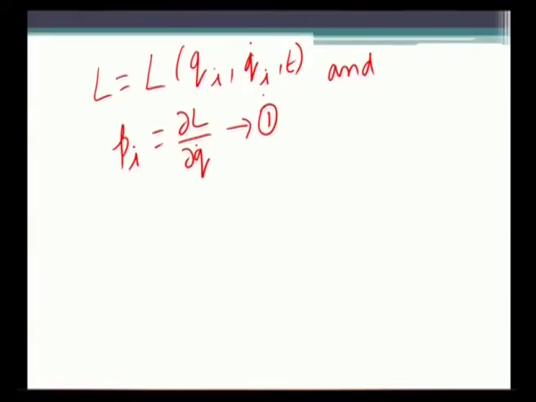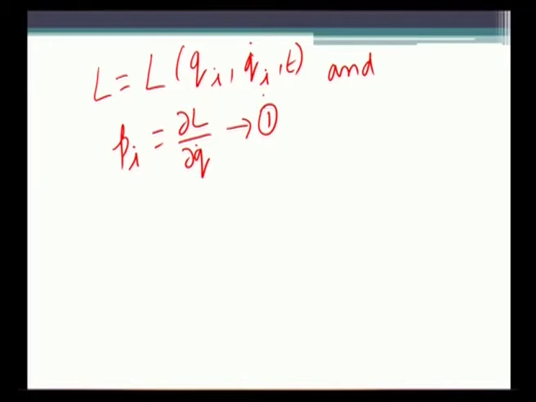So, this L is the Lagrangian, and pi is equal to dou L by dou q dot, the canonical momentum, which we got from the Lagrangian equation. We know these two definitions. Let us use these two definitions to obtain the Hamiltonian equation from Legendre transformation.